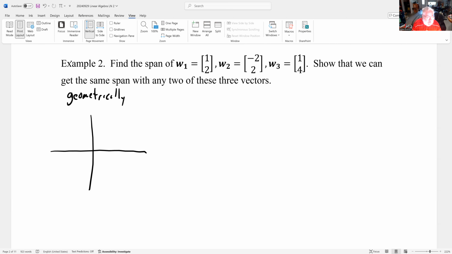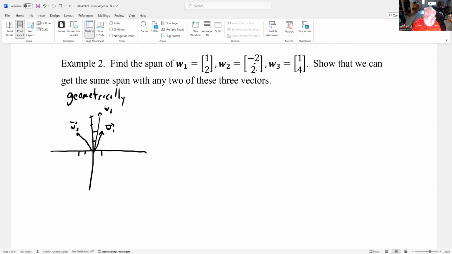So W1 is 1, 2. That's W1. W2 is minus 2 in the x direction and then 2 in the y direction. So that's W2. And then W3 is 1 unit in the x direction and 4 in the y direction.